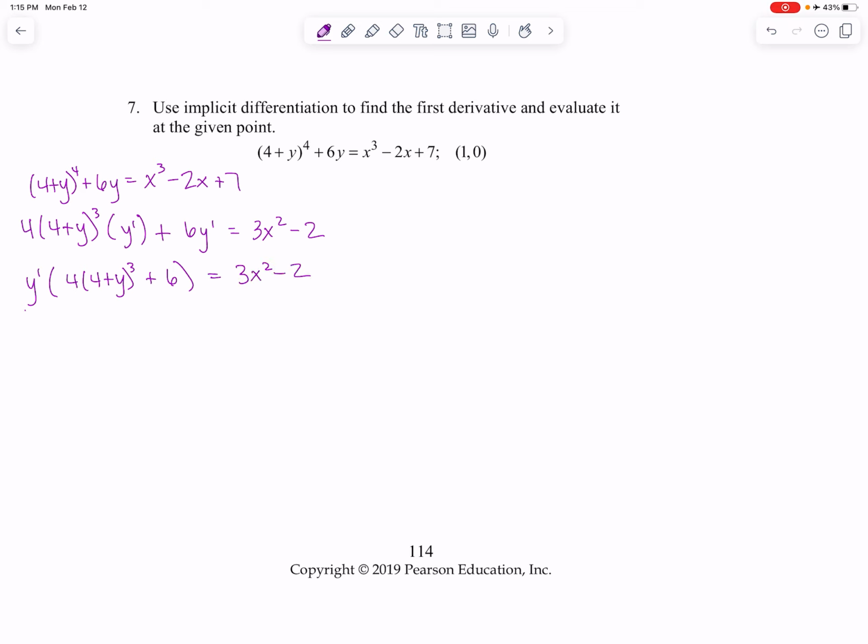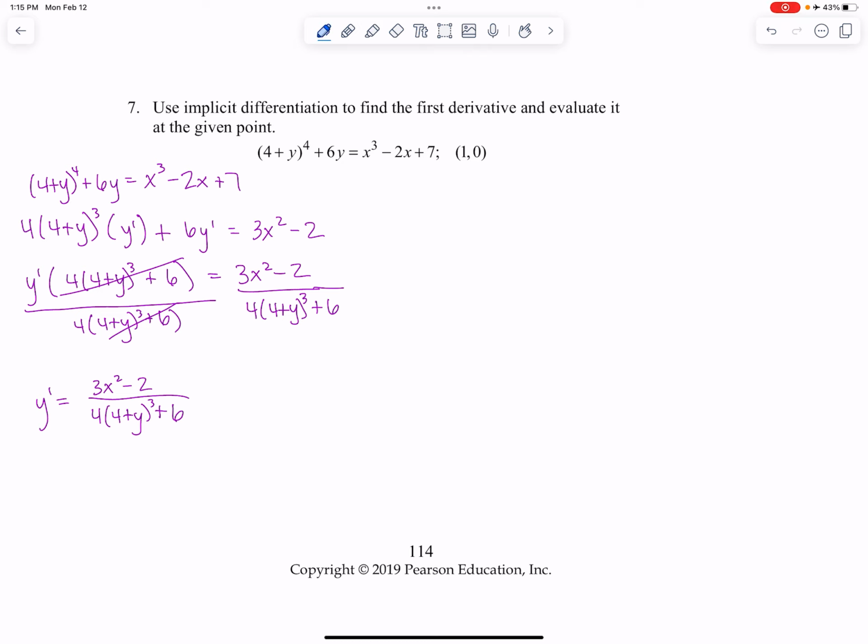Now let's divide that off. And so our derivative is 3x squared minus 2 over 4 times 4 plus y cubed plus 6.